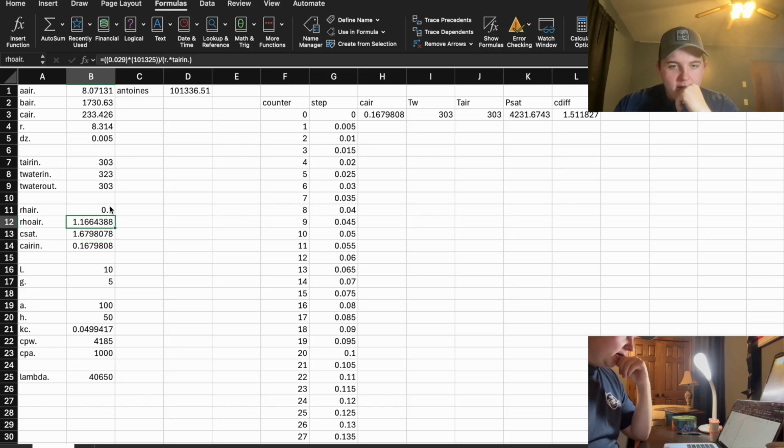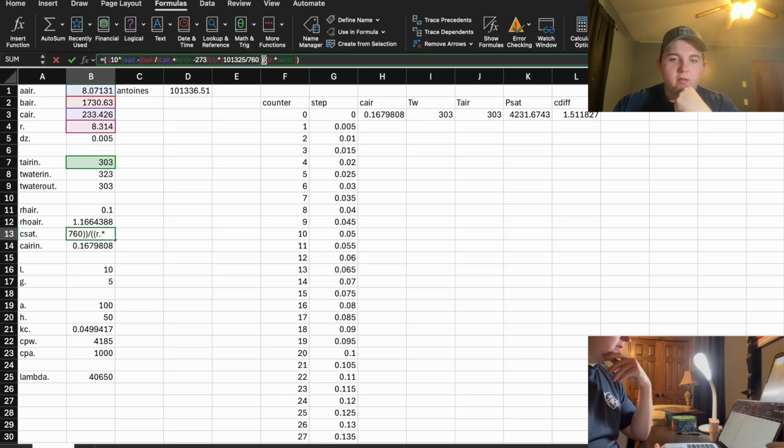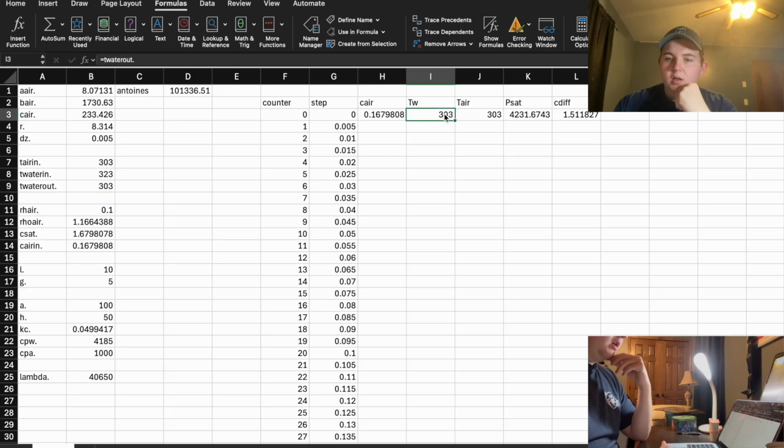In our CSAT formula, I believe, we had a multiplication sign here instead of a division sign, so that threw everything off. And then I added our T water out, and then I had an incorrect value in one of these cells. I'm not sure which one it was. It was one of these two, and I had the wrong reference cell.